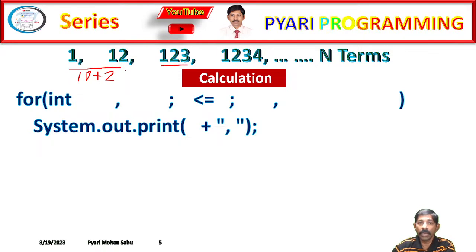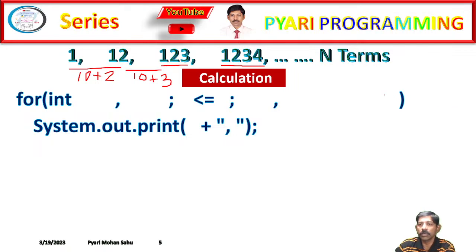So again, if I apply the same mechanism, 12 into 10 is 120 plus, but here I am adding 3. And in this case, again into 10, 123 into 10 is 1230. Again we have +4. That means my counter is related.